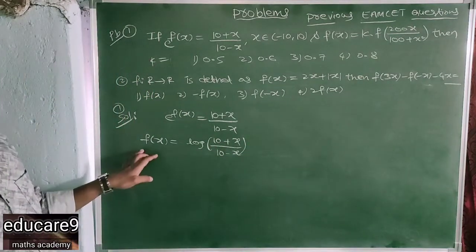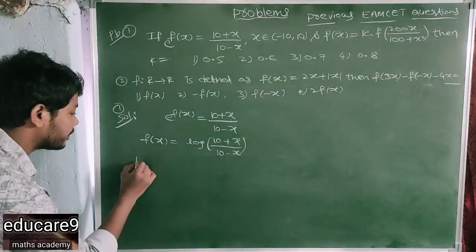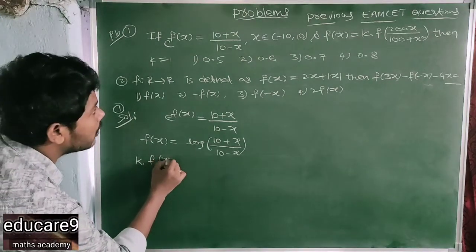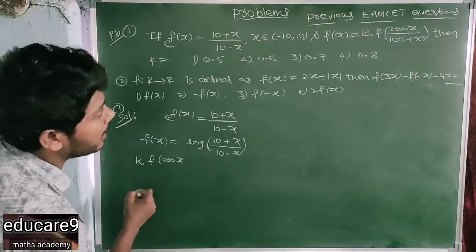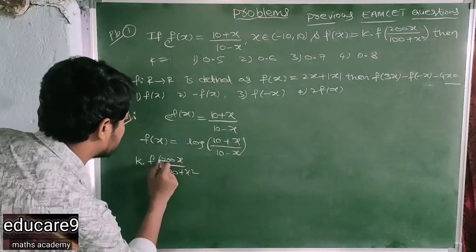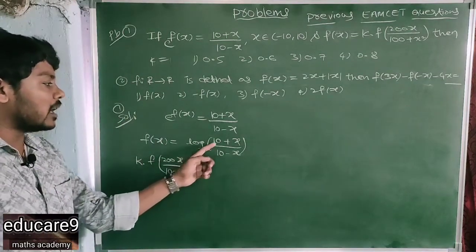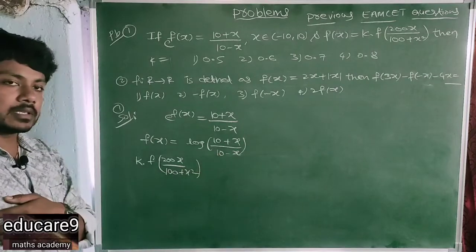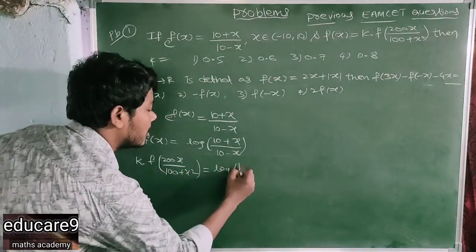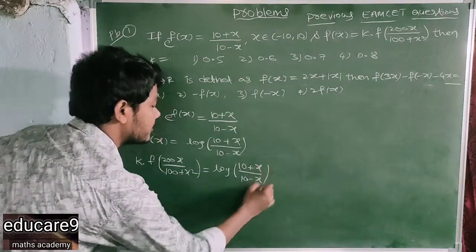Now what is f(x)? k times f(200x/(100 + x²)). Now f(x) is log((10 + x)/(10 - x)).